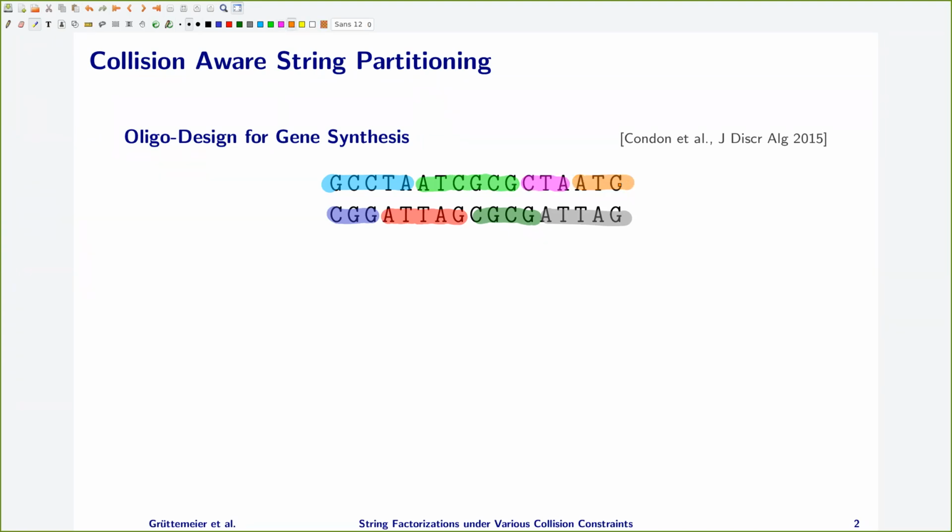Now what you actually produce in this application is these colorful short strings, and then you hope that they will assemble as wanted in your test tube.